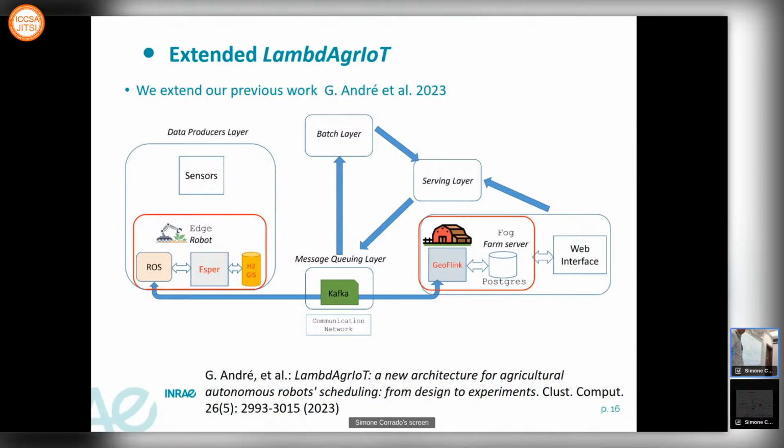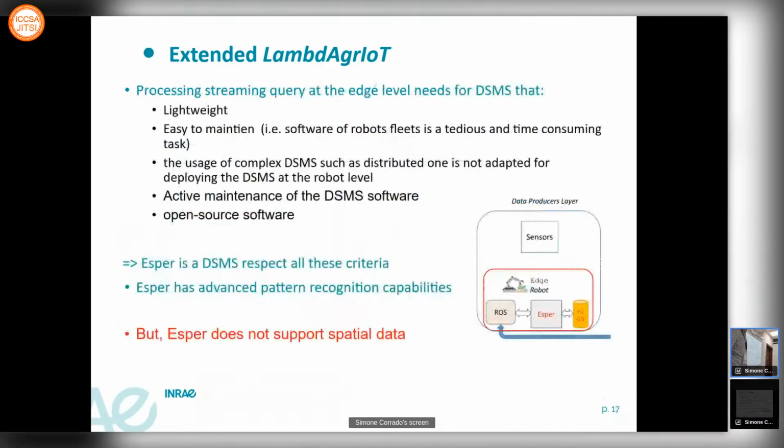So let me go into details. I have 5 minutes. The first thing is which data stream system I can put on the robot. There are a lot of options, but it should be lightweight, because you cannot go inside each robot to change and maintain the software. So we use Esper because it is only a Java API, but it does support spatial data.